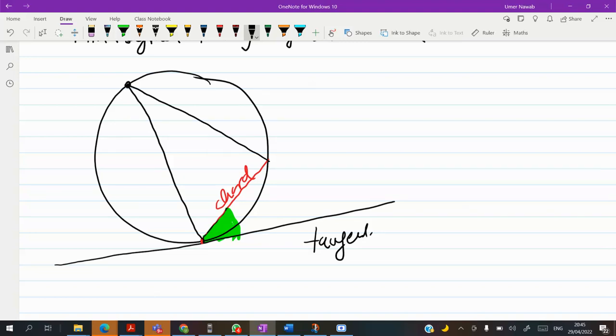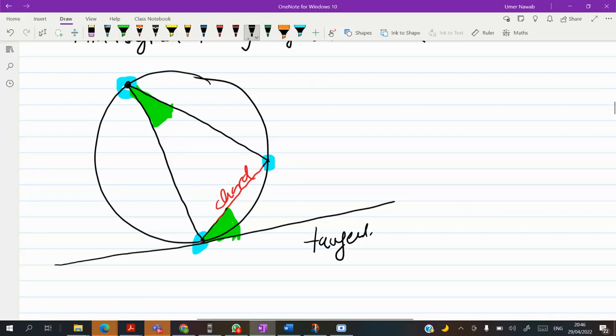If you join any point in the other segment, because we have two segments, I'm not talking about this segment, I'm talking about this segment. So in this segment, if you find any point on the major arc or on the circumference, if you join the end points of the chord there, then this angle is the same as the angle which the chord is making with the tangent.